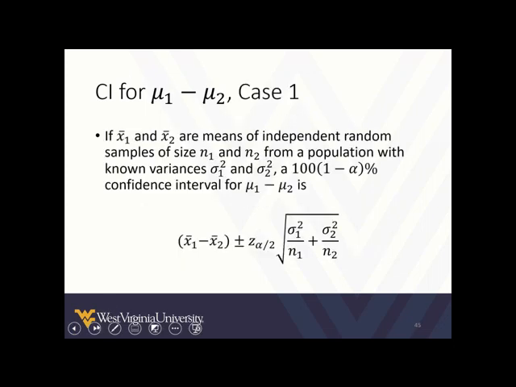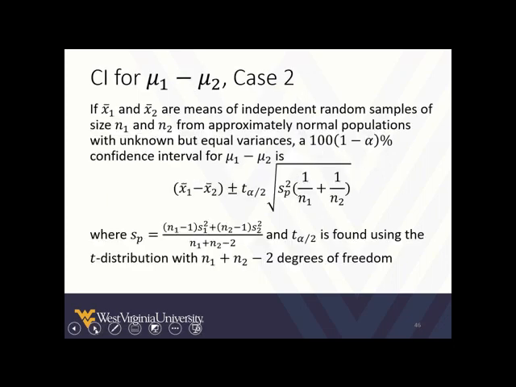And so for case 1, when we are actually aware of the population variances, our confidence interval is our point estimate plus or minus z alpha over 2 multiplied by the square root of sigma 1 squared over n1 plus sigma 2 squared over n2.